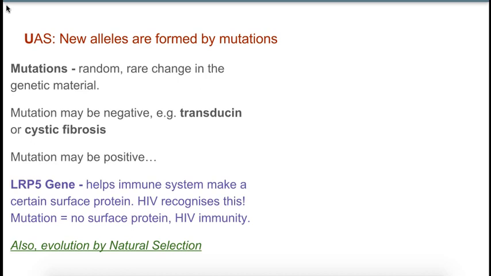And also evolution by natural selection. The driving force for natural selection is, of course, variation within the population. Variation comes from genetic variation, and this genetic variation is essentially multiple alleles for a particular gene. Those alleles arise by mutation.